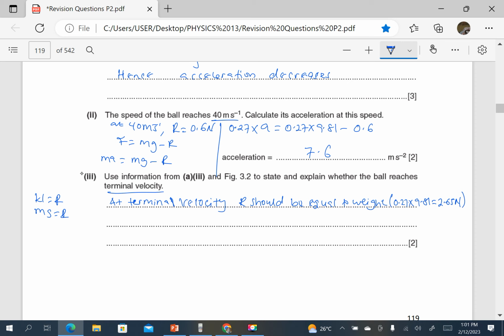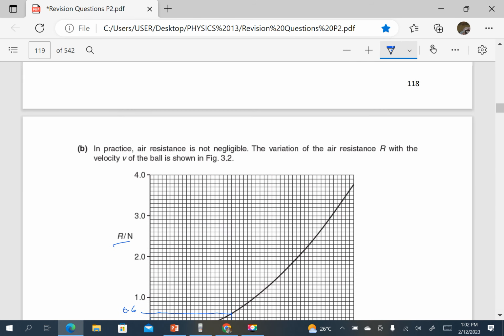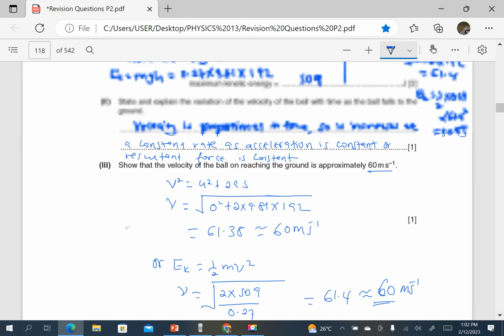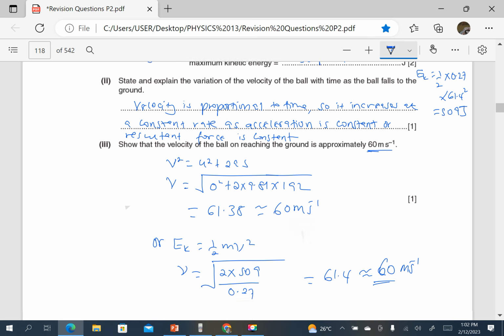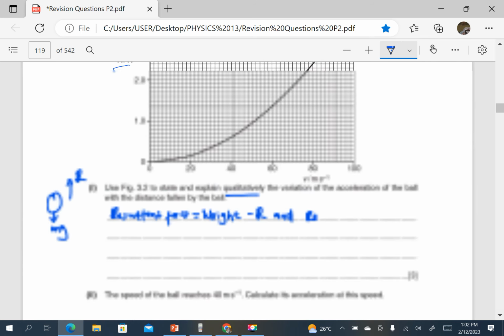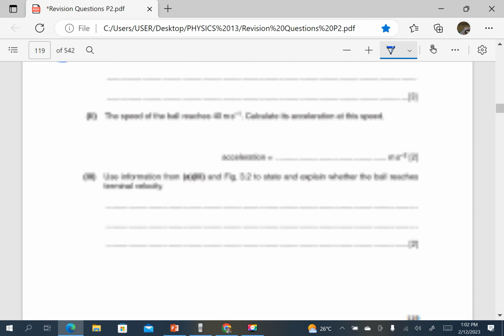But here they told us that the velocity of the ball on reaching the ground is approximately 60 meters per second. It reaches the ground at 60 meters per second. Let's check: at 60 meters per second, is R equal to the weight?